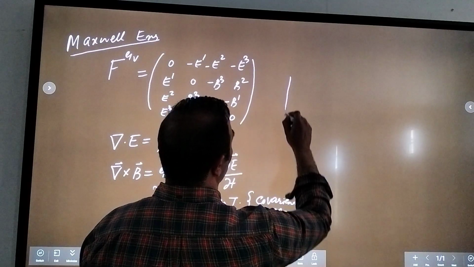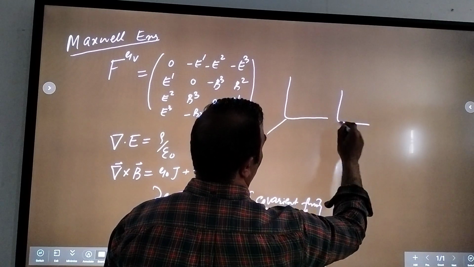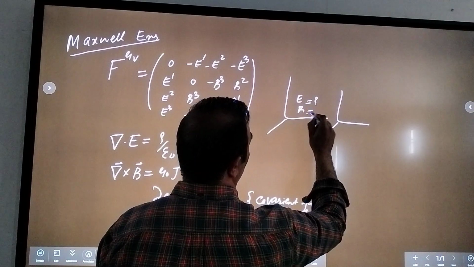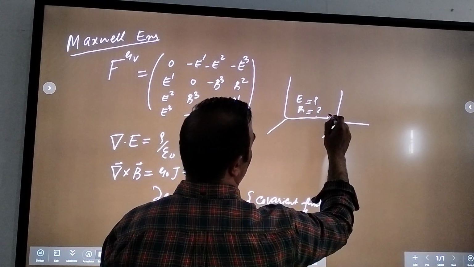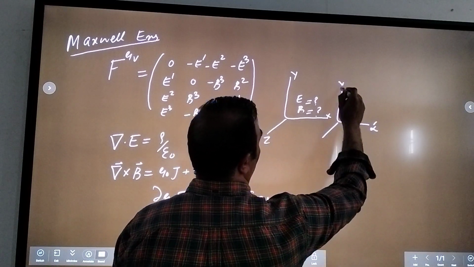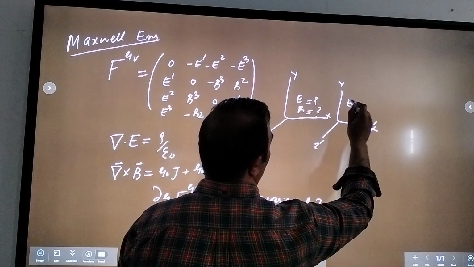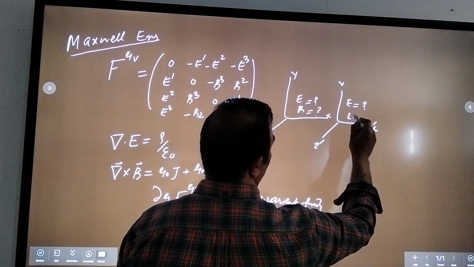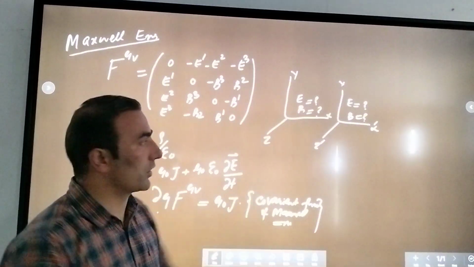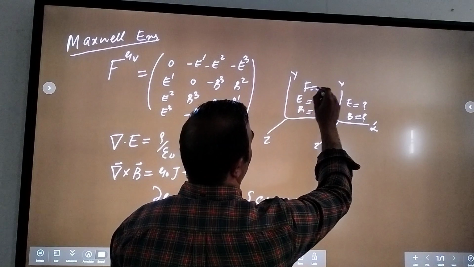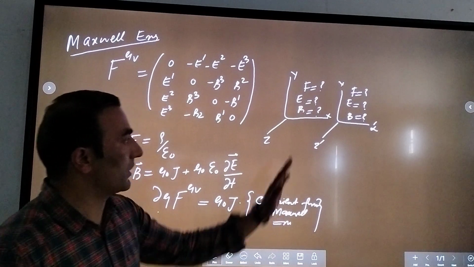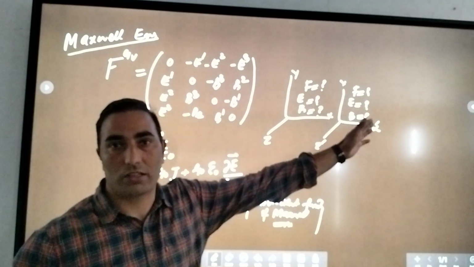So that means if you have two frames, right, and you want to calculate some E or B in one frame with coordinates x, y, z, and in the other frame x prime, y prime, z prime, this should be the same. Take the Lorentz force F: if you write it for one frame, you should measure the same value of F in the other frame.